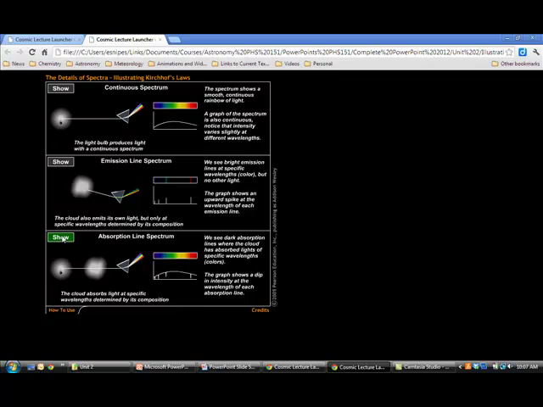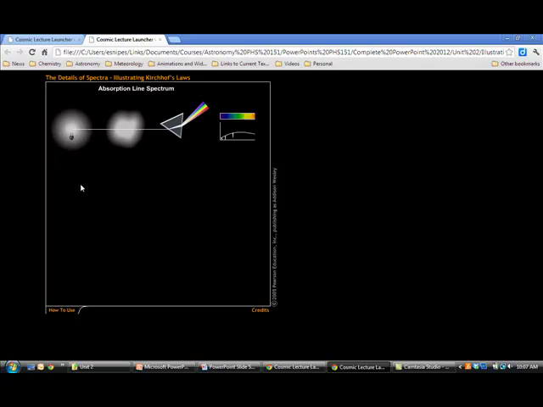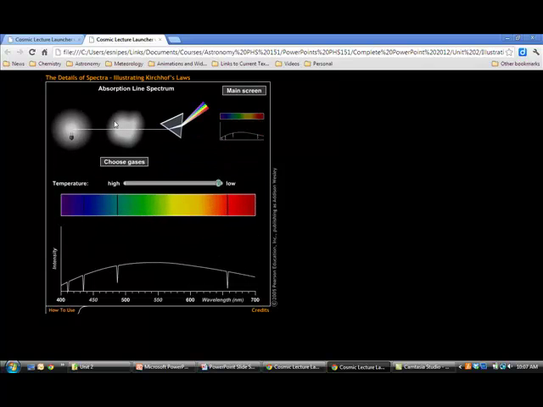Now absorption lines, how we get absorption lines is we have that blob of gas that's not rarefied now, or not heated necessarily. On the other side of that blob of gas, in the line of sight, we have an emission source. So the emission source is sending a continuous spectrum to the gas here that's minding its own business.